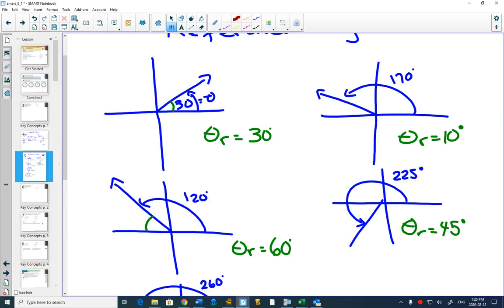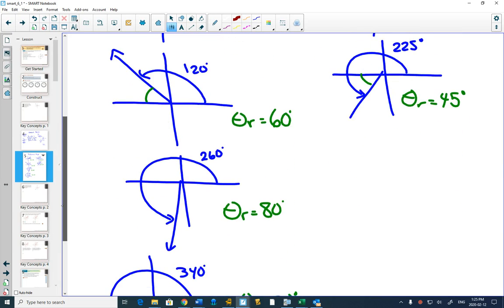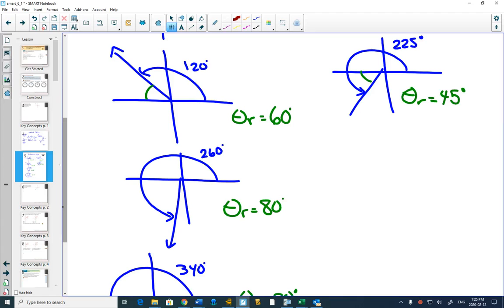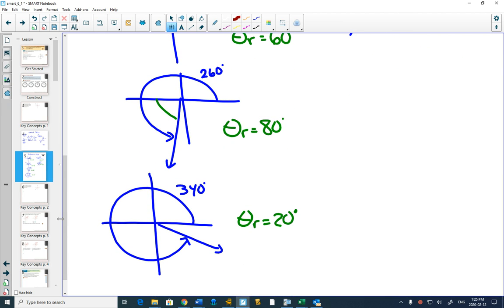Where do I have 10 degrees on this diagram? Right there. Where do I have 45 degrees on this diagram? There we go. Where's the 80 degrees on this one? And finally, where's the 20 degrees on this one? Right there.